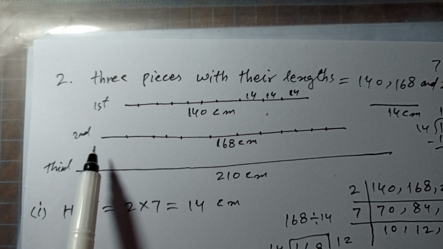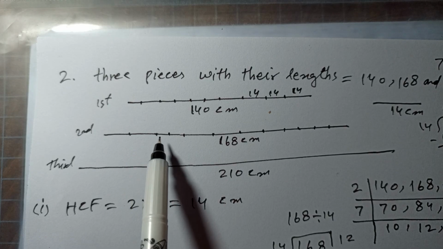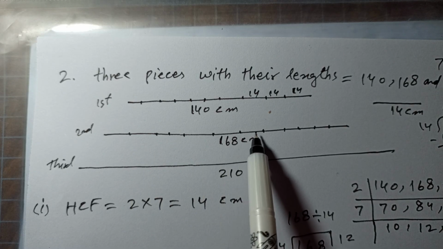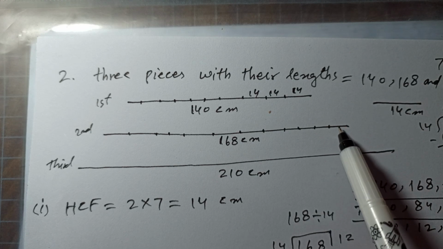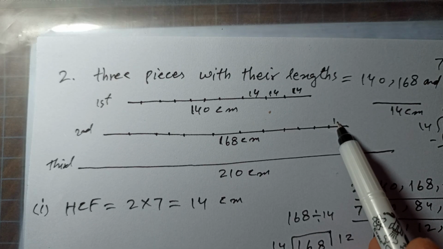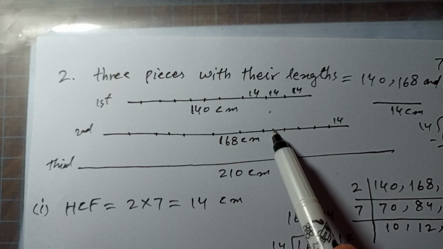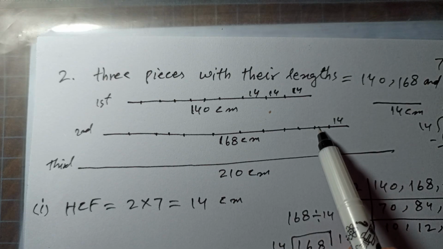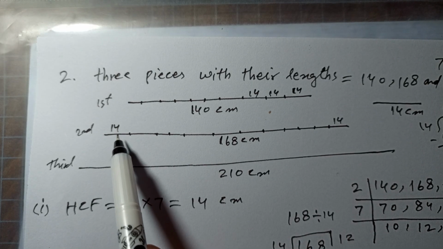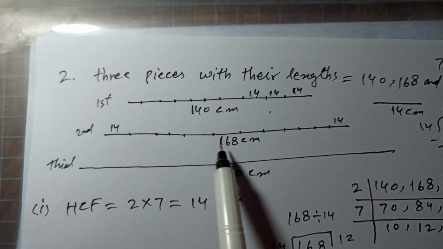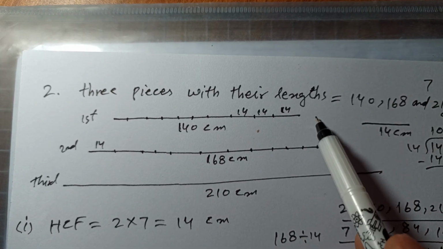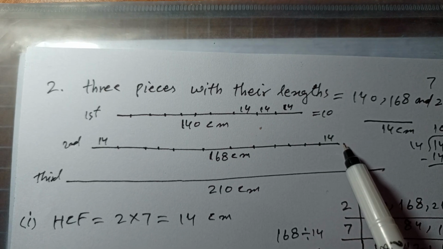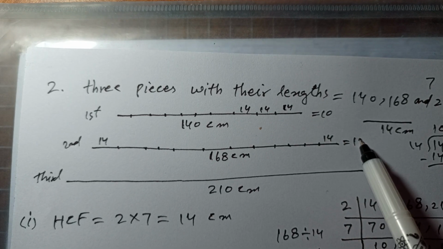Now there will be 12 pieces here: 1, 2, 3, 4, 5, 6, 7, 8, 9, 10, 11, 12. 12 pieces from this rope. Each is of length 14 centimeter. You can write it, or if you don't want, you need not write. How many pieces are these? Here are 12 pieces. From the first we got 10 pieces. From here we got 12 pieces.